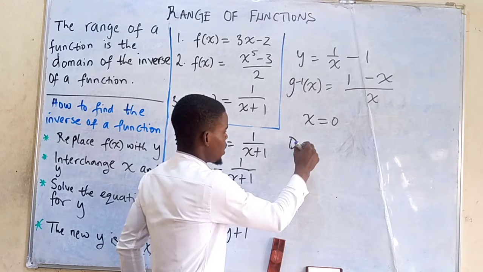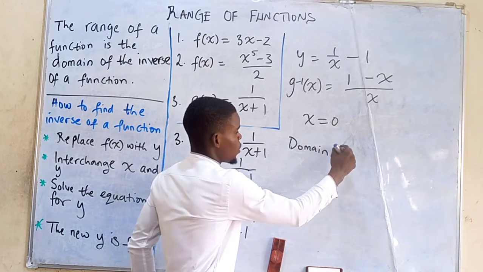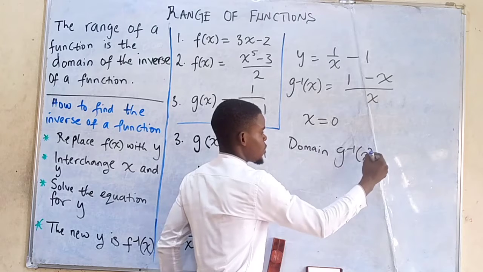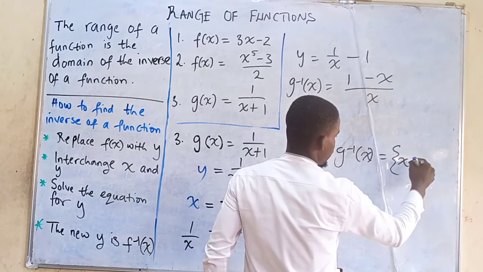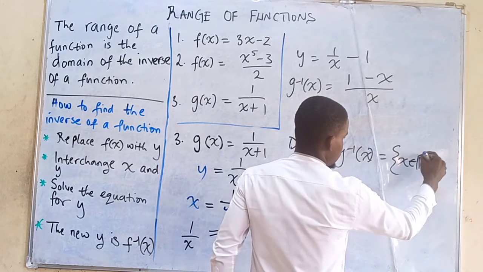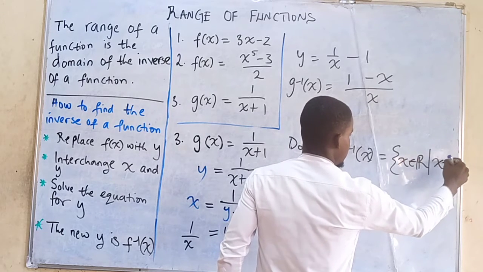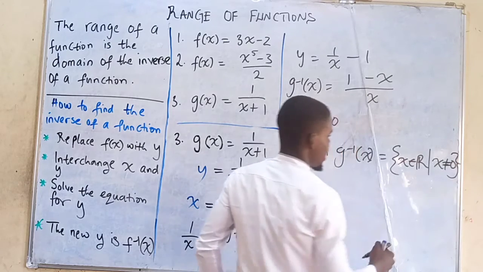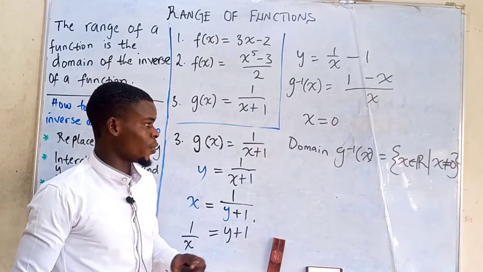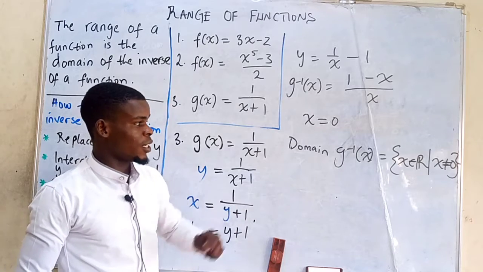We say that the domain of g inverse of x is the set containing all real numbers x such that x is not equal to 0. That forms the domain of g inverse.